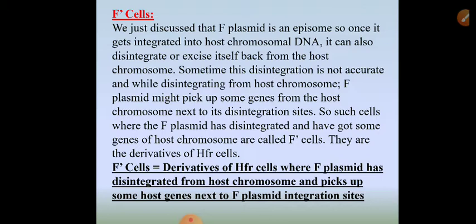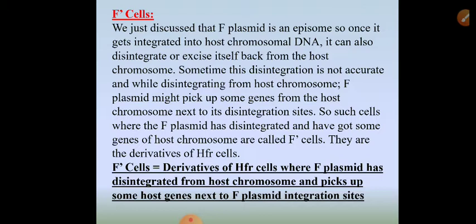chromosome, sometimes a mistake takes place. What I am telling you: when F factor gets integrated inside the chromosomal DNA of a cell, the cell becomes HFR. Now the integrated F factor wants to disintegrate. It wants to come out of the chromosomal DNA. While coming out, while getting cut off from the chromosomal DNA, a mistake takes place.